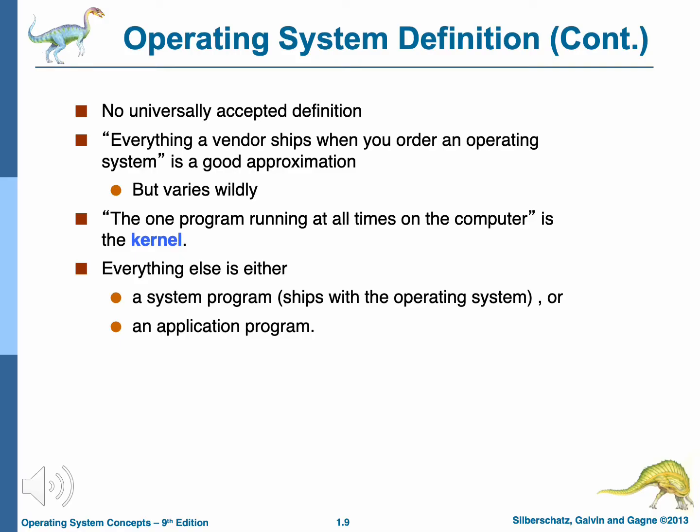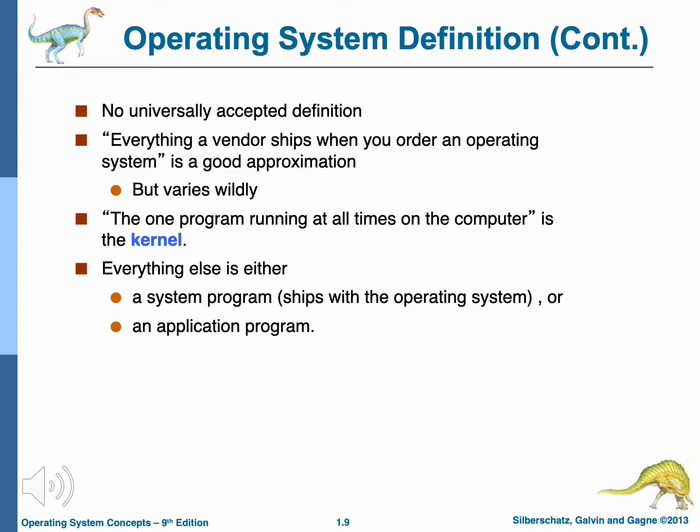Today, however, if we look at operating systems for mobile devices, we see that once again the number of features constituting the operating system is increasing. Mobile operating systems often include not only a core kernel but also middleware, a set of software frameworks that provide additional services to application developers.